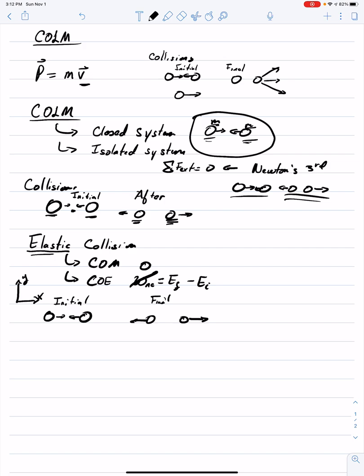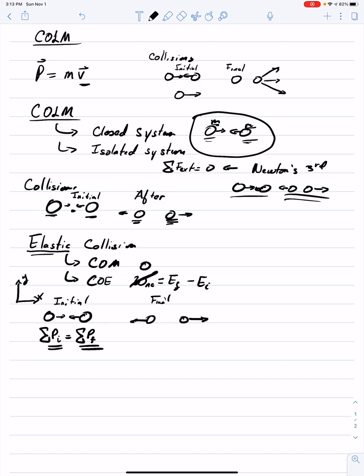Since this is conservation of linear momentum, the sum of all initial momentum is going to equal the sum of all final momentum.